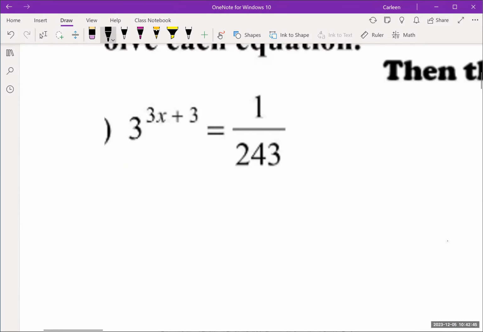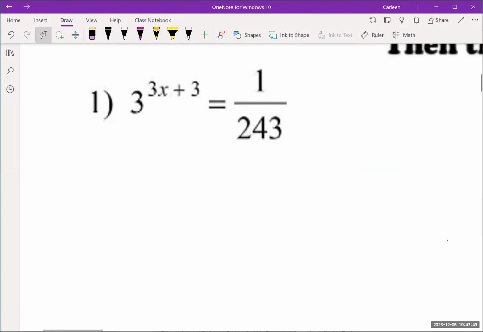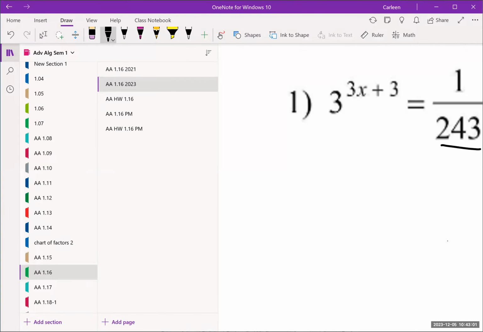So, solving an exponential. The first thing I'm going to do is check my table of powers.